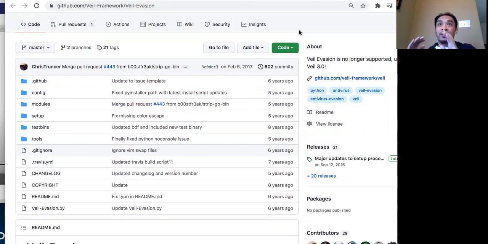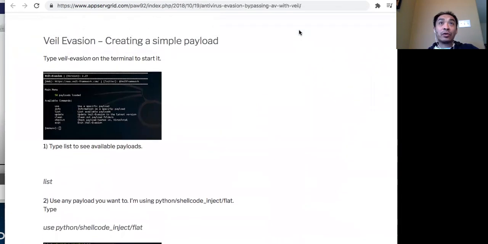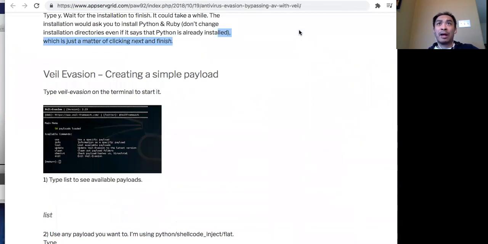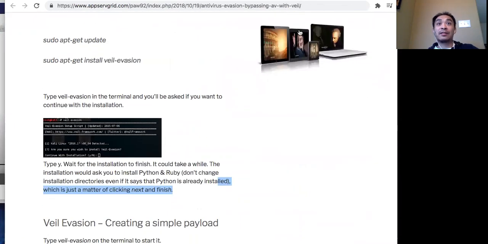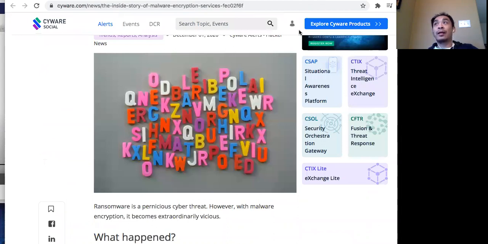But let me get to this point first before people start jumping down that rabbit hole. So how do the real adversaries do it? This is just another link about back in the good old days, and how you can use some of these open source tools to help you get past some of these AV suites.